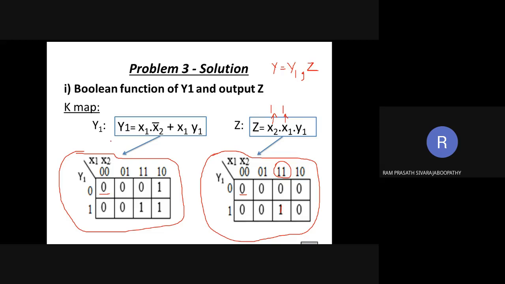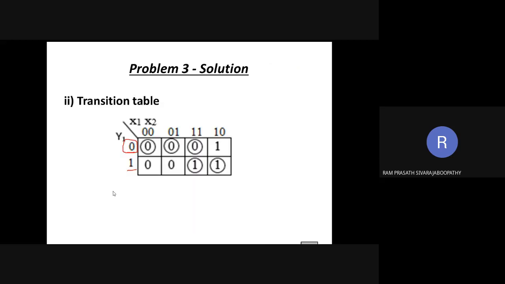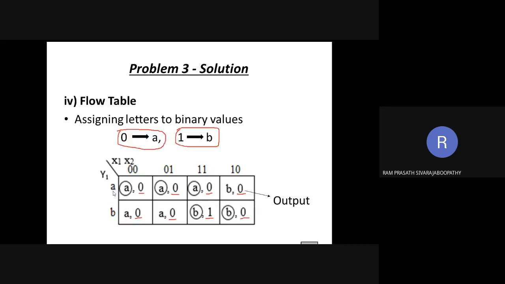See, feedback part oda tables எல்லாம் combine பண்ணி எழுதுனா அது transition table. As here we are having only one feedback part, this KMAP table is directly representing the transition table. So transition table definitely you have to mark stable and unstable states. A flow table சொன்னோம்னா we are assigning letters for each state.